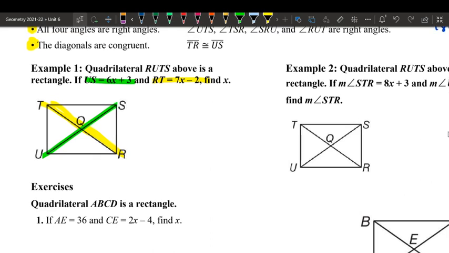Okay, so the property of rectangles that we're going to use here is that the diagonals are congruent. You can still see that bullet point on the top of the screen. Diagonals are congruent, so that means they're equal to each other. So it's saying that US is congruent to RT. So I can fill in the values. 6x plus 3 is equal to 7x minus 2.